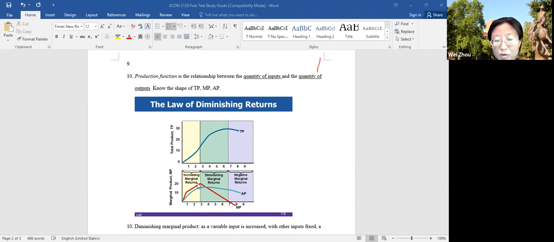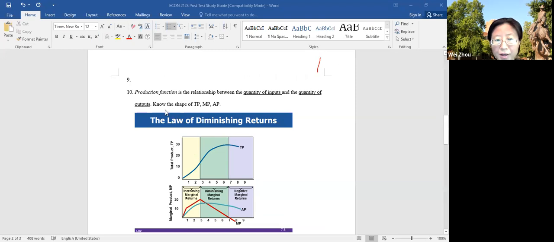Marginal product goes up, and then when it reaches the top point, it's going to go down. As long as marginal product is positive, more labor you hire brings you more output, so your total output goes up, until more labor you hire is going to hurt your production, and your total production goes down.